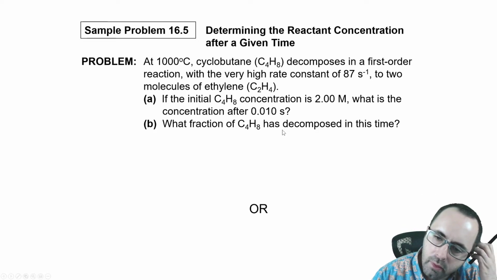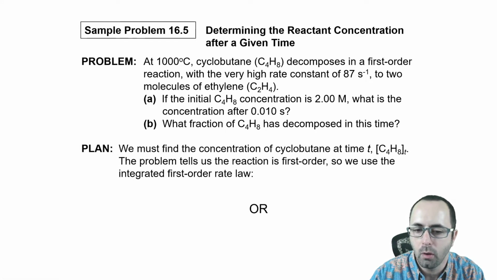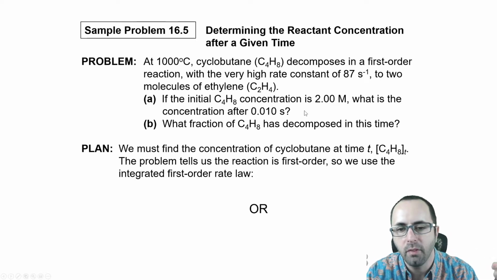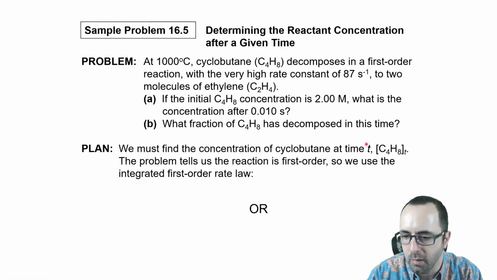If the initial concentration is 2 molar, what is the concentration after 0.01 seconds? And what fraction has decomposed? So, we have to find the concentration of cyclobutane after a certain time, and that's what tips you off that you're going to be using the integrated rate law, the fact that time is involved.